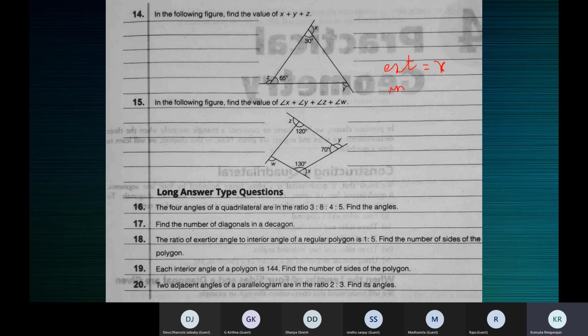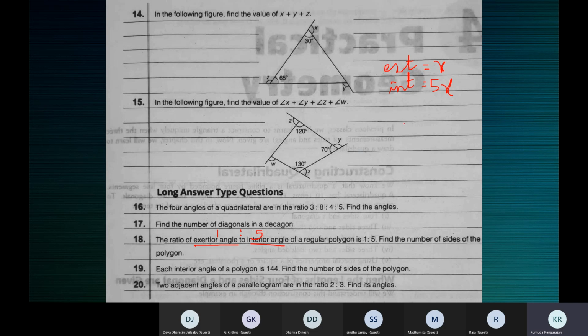Then the interior angle will be 5x, because the ratio of exterior angle to interior angle is 1:5. So exterior is x, interior is 5x.